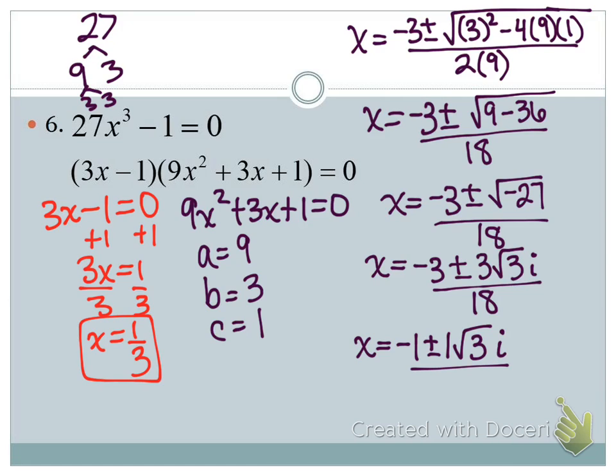And 18 divided by 3 is 6. Now, if you choose not to write the 1 that's right in front of the radical, that's okay, but you do need the negative 1 out in the front. And that represents the other two answers. Remember, the plus minus sign means that it's two different answers.